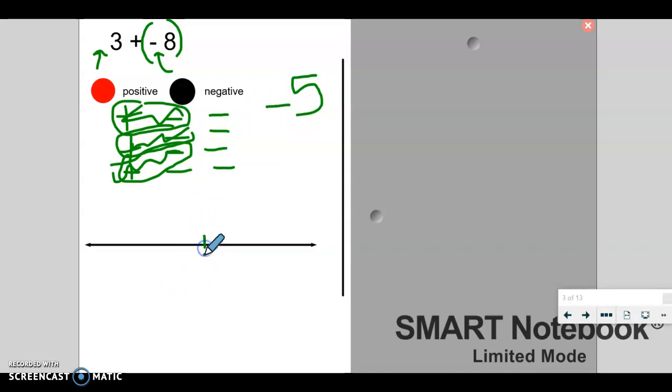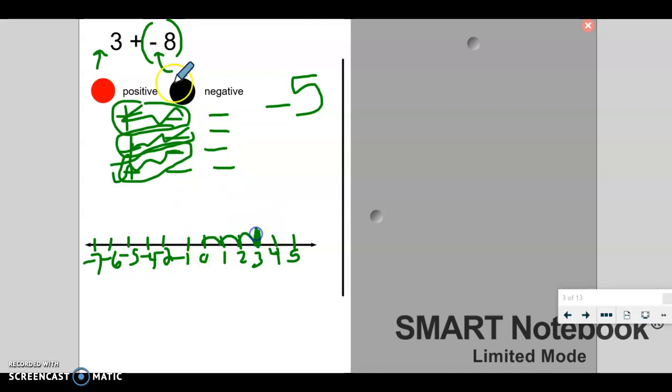So I'm going to do my number line method. So I'm going to create a number line. Notice I do have negative numbers, so I have to make my number line go a little bit more negative than I'm used to. All right, so the first number is the number you're going to start off with, so it's 3, so I'm going to find 3, 1, 2, 3.